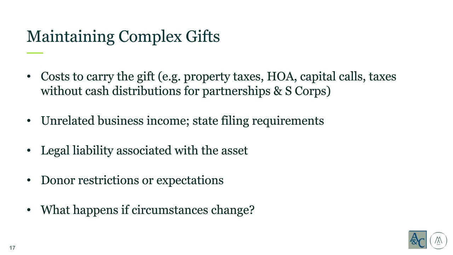So to the extent you can take care of and document and everyone's kind of on the same page with donor restrictions or expectations up front, it certainly makes it easier, but that doesn't mean that the donor expectations won't change down the line. So keeping in contact with the donors, if there is a continuing expectation, is really important to make sure that that hasn't changed.